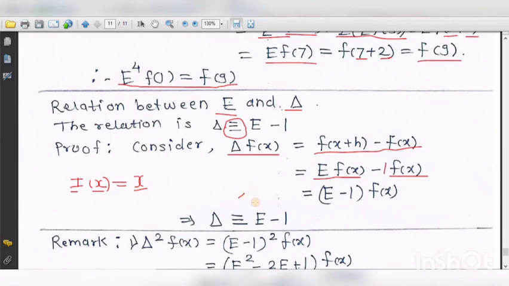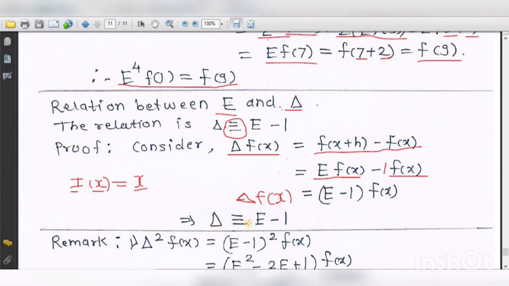Now we are operating on f(x) on both sides, so we can equate the operators.